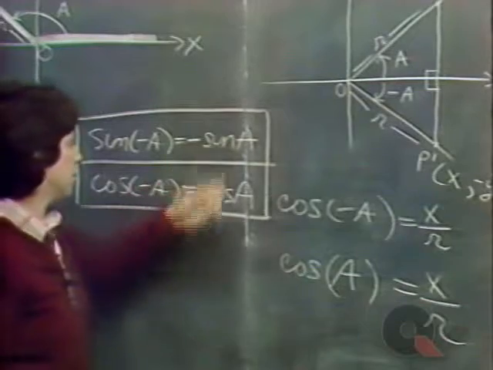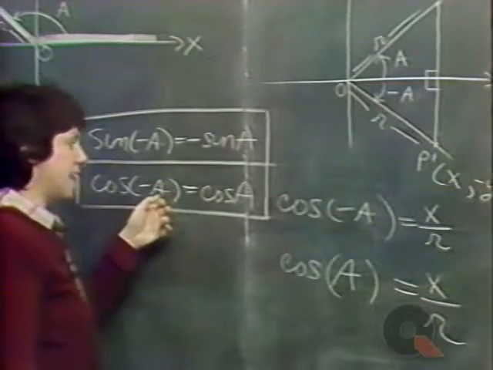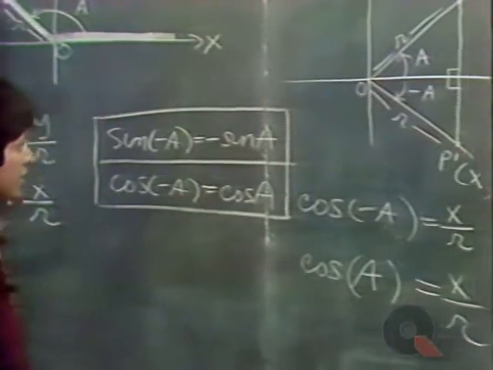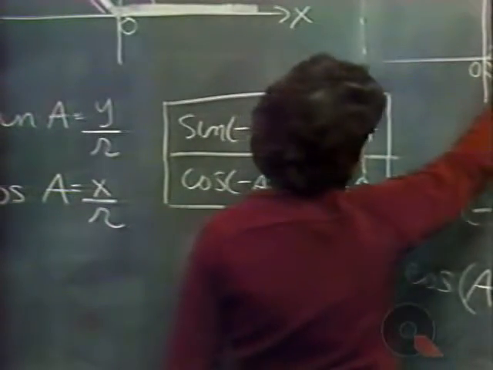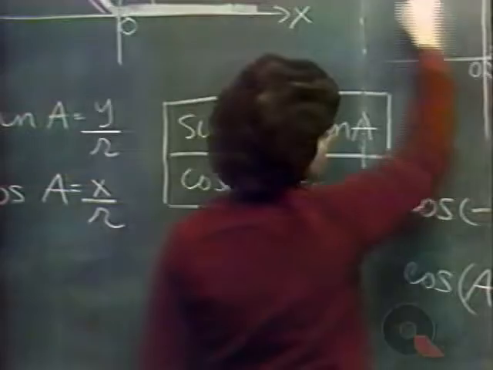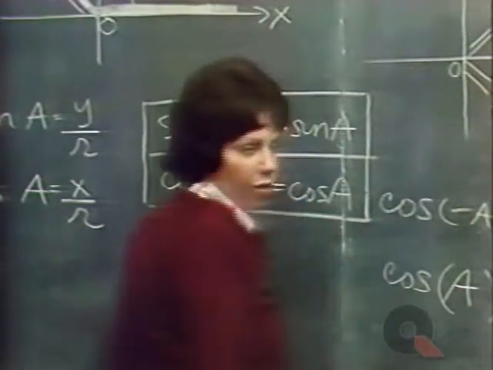And although I drew my picture with the angles in the first and the fourth quadrant, it would also be true if you had, say, an angle in the second and the negative in the third.